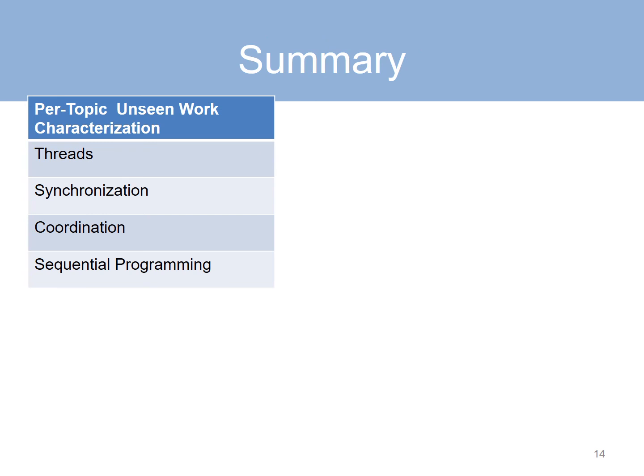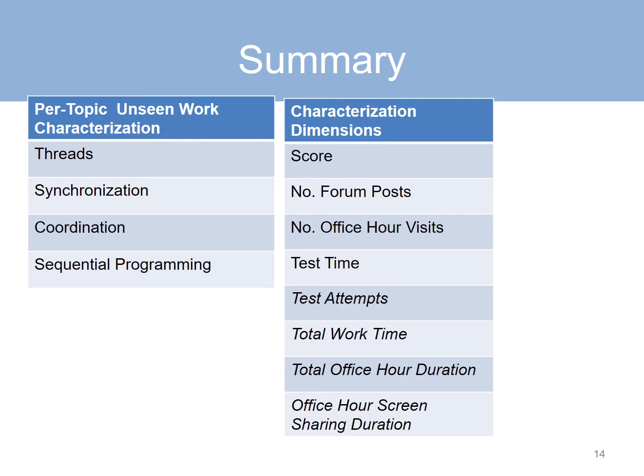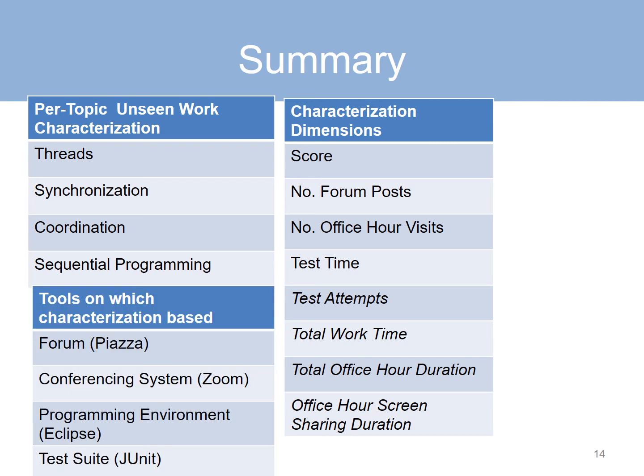Time to wrap up. So we've seen that unseen work on a concurrency assignment can be divided into 4 different topics. This work can be characterized by many dimensions. The ones in italics I did not get a chance to talk about, but they are discussed in the paper. The characterization depends on the use of certain tools by the actor.